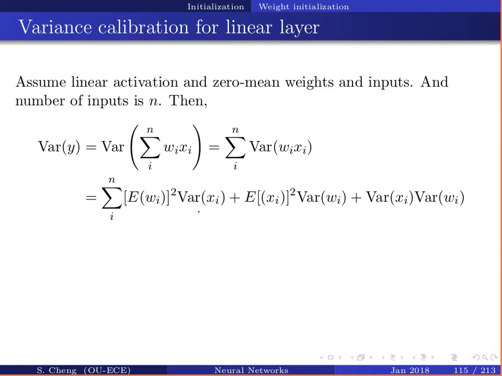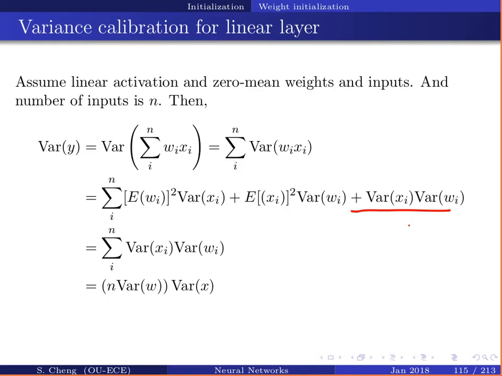So any question? Then what next? Then we can make another assumption: that our input and also the weights are initially zero mean. Then I will just assume this is equal to 0, so I only have one term left.